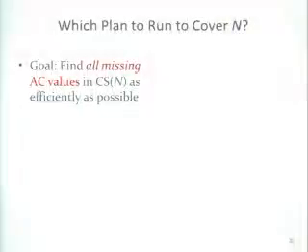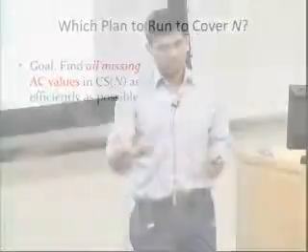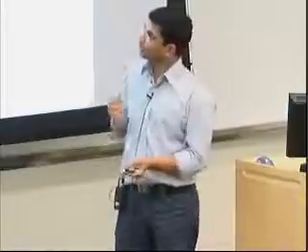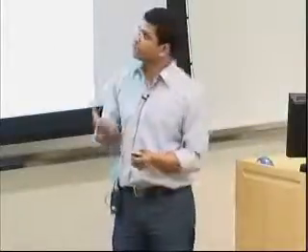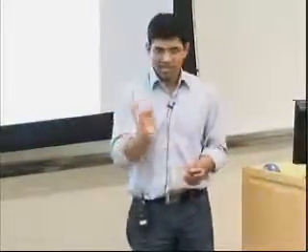Okay, so that brings us to this other problem: once I have decided I'm going to go after this neighborhood, which plan or which subplan to pick in that neighborhood. The way we have cast this problem is, I want to find a subplan to run in that neighborhood which will bring in the unknown cardinality values as efficiently as possible.